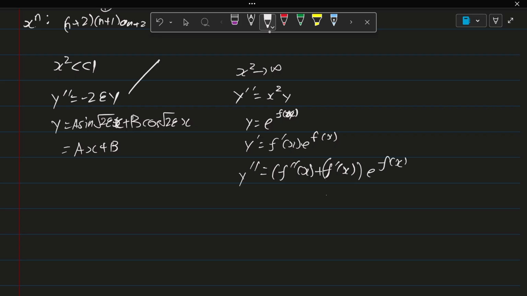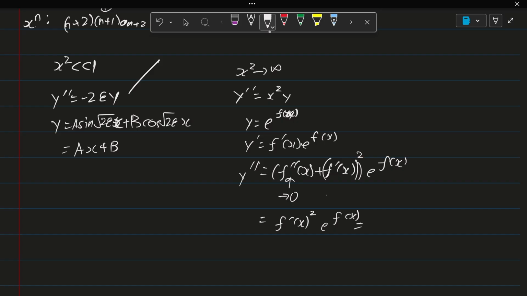Now if we consider when x goes to infinity, I'll just assume that this curvature would go to 0, because if it is not 0, it's just going to curve much higher, which in physics doesn't make sense, especially for a bound state. So you would get f prime of x squared times e to the power of f(x) there.